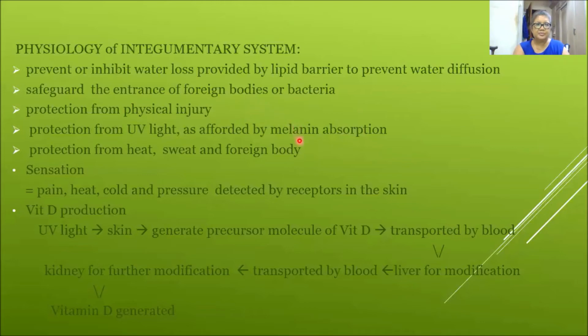It will also protect from UV light as afforded by absorption of melanin. So your UV light will be absorbed by your melanin so that the body is protected from ultraviolet light. And also the integumentary system protects the body from heat, sweat, and foreign bodies.